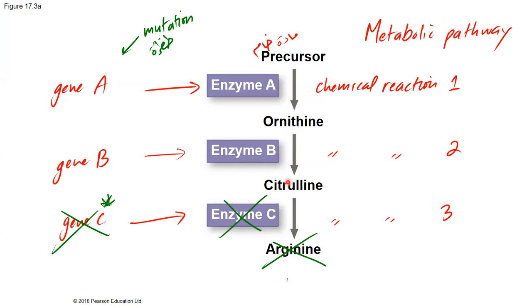Citrulline will be found inside cells. Ornithine will be found inside cells because these 2 enzymes are normal and active, because they have active and normal genes. So mutations affecting any of these genes might lead to the absence of arginine in Neurospora. Okay.